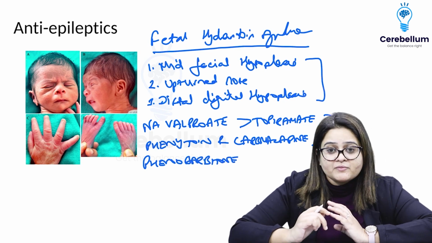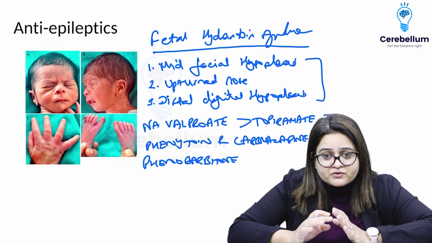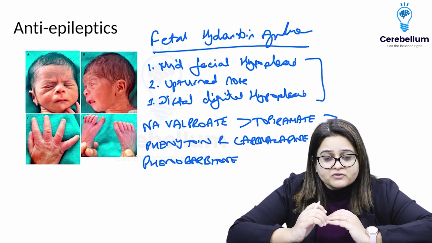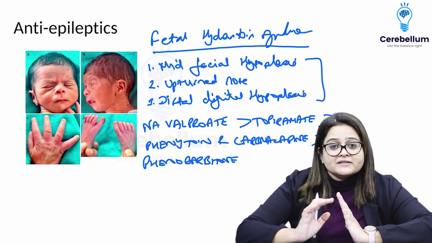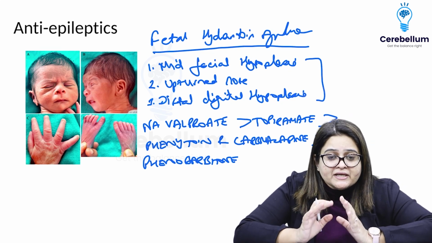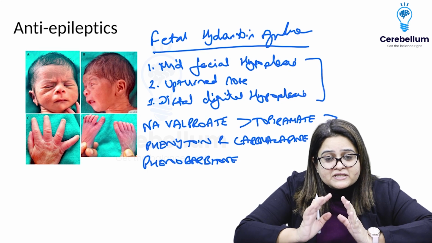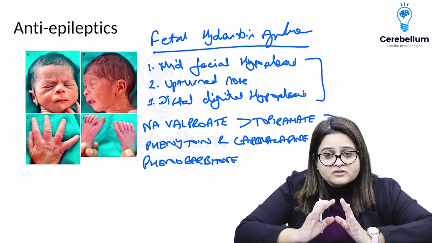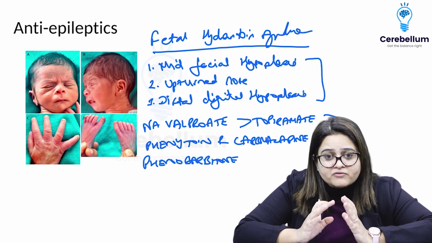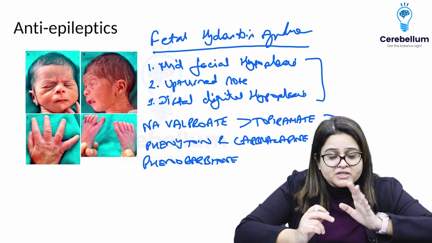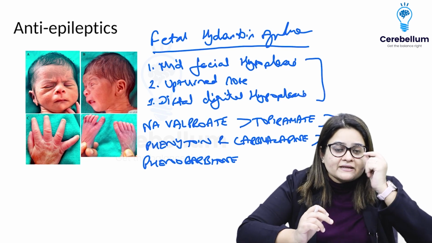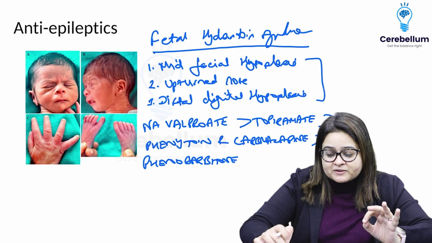Okay, so sodium valproate has the highest risk of teratogenicity, followed by topiramate, phenytoin, carbamazepine, and phenobarbital. The safest drugs are lamotrigine and levetiracetam. So these are the safe drugs. Fetal hydantoin syndrome, you should know what it consists of. It consists of midfacial hypoplasia, an upturned nose, and distal digital hypoplasia.